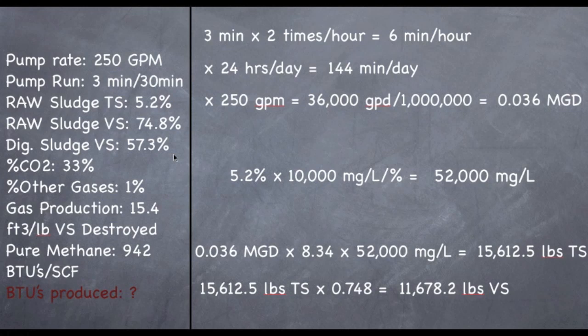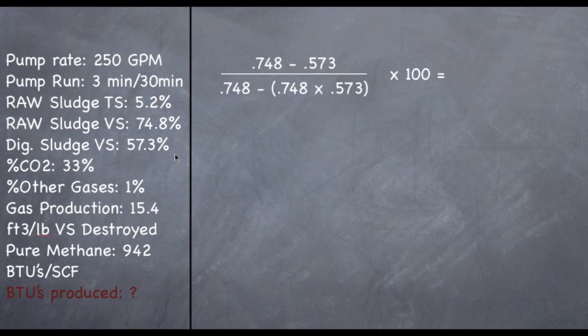So now we need to find how much reduction we're getting in our digester. That's where this grade 2 problem, volatile solids reduction, comes in handy. If you remember, volatile solids reduction is in minus out over in minus the in times the out, which I have right here. So we have incoming of 74.8%, and what's going out, digested sludge, is 57.3.